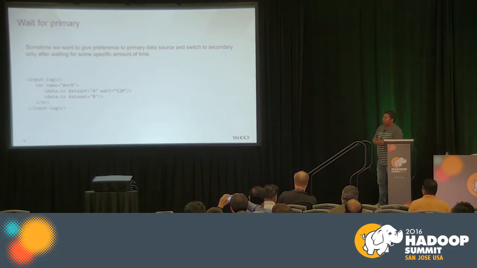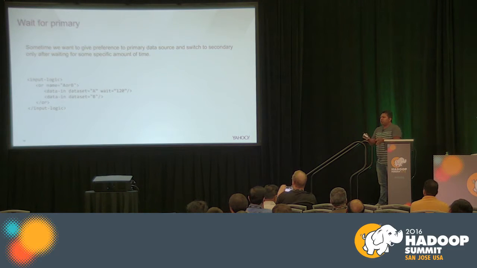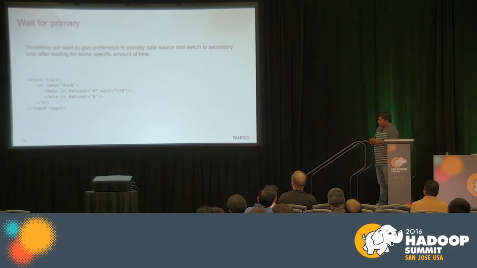Sometimes cross-colo processing can cause performance issues because you need to copy data from a different colo to this colo. And so you want to wait for some time before switching to the secondary colo. You can use wait. Wait indicates here that if all of the data is available from A, then it's going to return true, or it elapsed 120 minutes for this example.